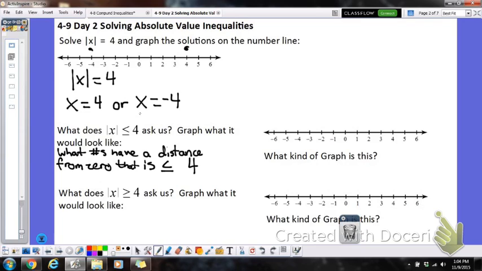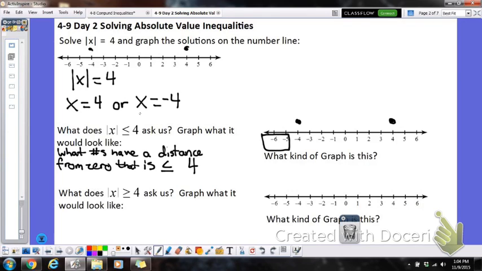Since we're doing a less than or equal to, we know that negative 4 and 4 have a distance from 0 of 4. Now we need to think about which numbers on our number line have a distance from 0 less than 4. If we look at the numbers out here, those are too big.